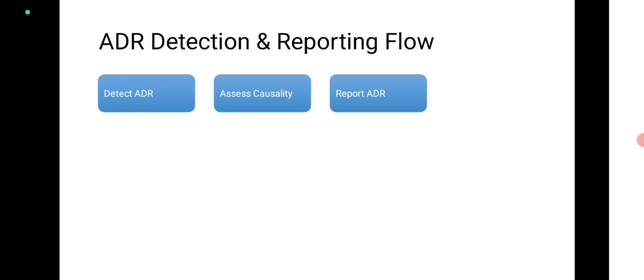Adverse drug reactions are a significant cause of morbidity and mortality. They may mimic disease and should therefore be considered during differential diagnosis. They account for approximately 5% of all hospital admissions and occur in 10 to 20% of hospitalized patients. They increase healthcare cost and adversely affect the patient's quality of life.